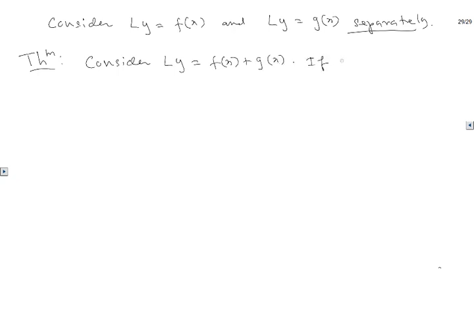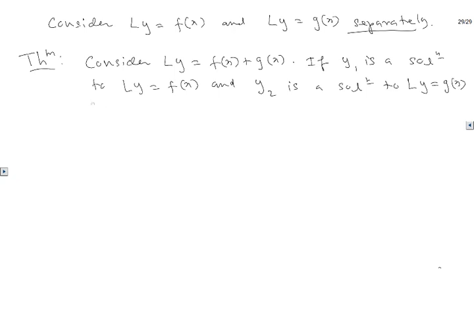If y1 is a solution to Ly equal f(x), and y2 is a solution to Ly equal g(x), so you consider two separate problems, then the sum of the two, y equal y1 plus y2, is a solution to the original problem, Ly equal f(x) plus g(x).